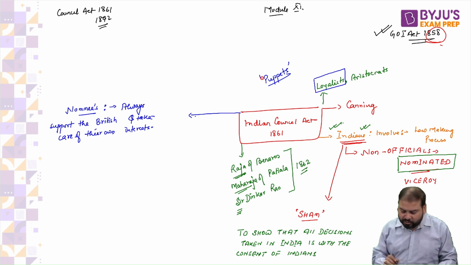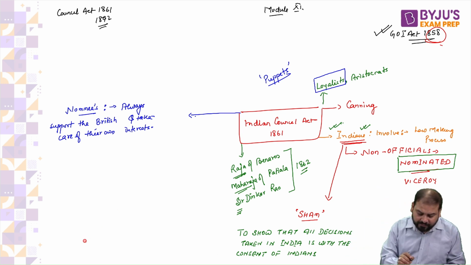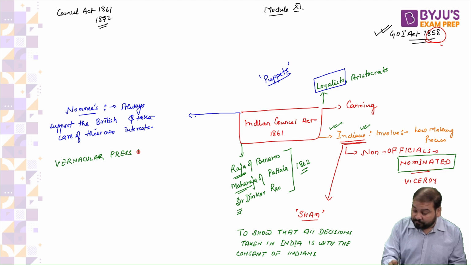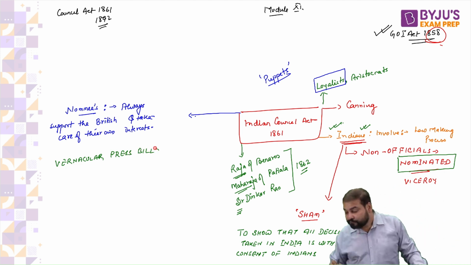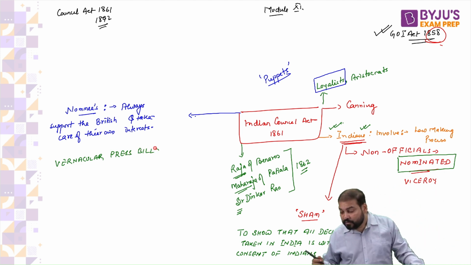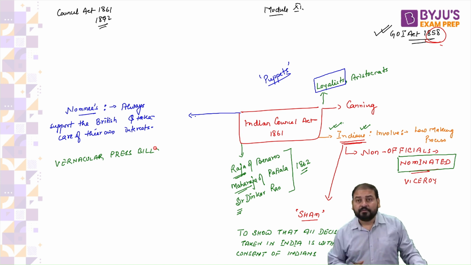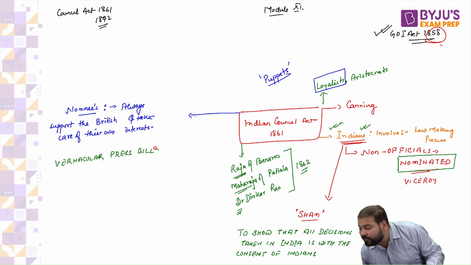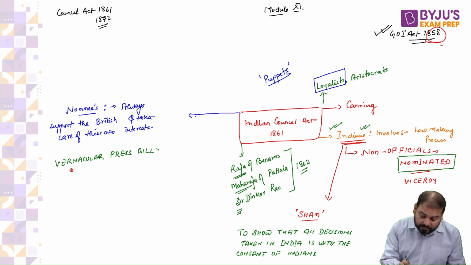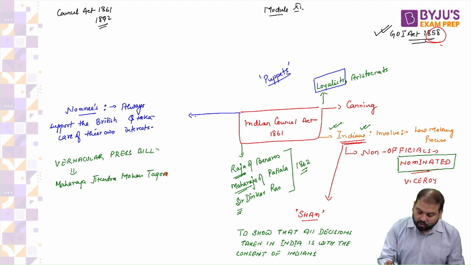For example, everyone, do you remember the Vernacular Press Act? When this bill came in the council, you should think it should have been opposed by Indian members. But at that moment, there was a Maharaja whose name was Jitendra Mohan Tagore.